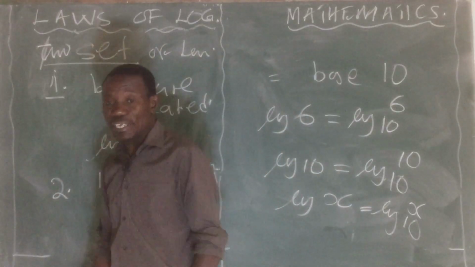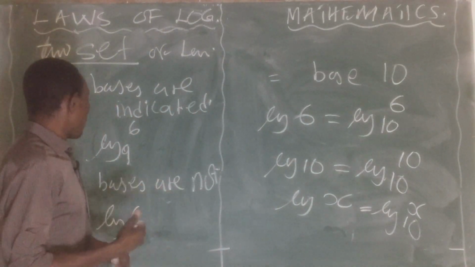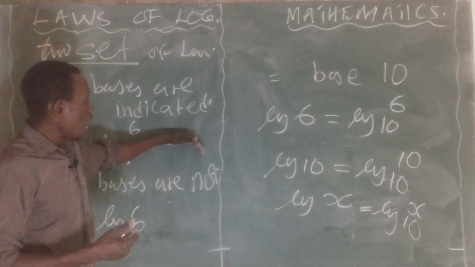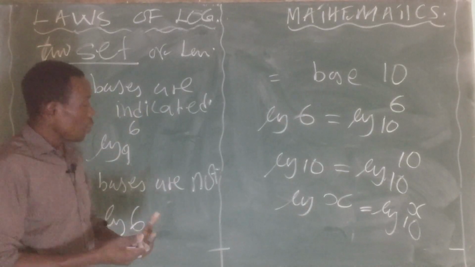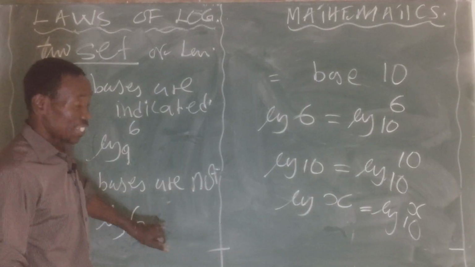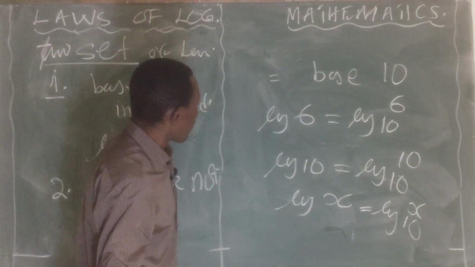Where bases are not indicated, take the base to be 10. Whatever I say about logarithm of numbers where bases are indicated, I hope you can do the same discussion for numbers whose bases are not indicated, because we know the base is always 10.